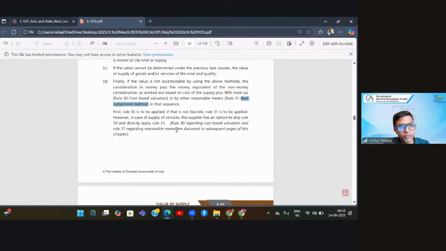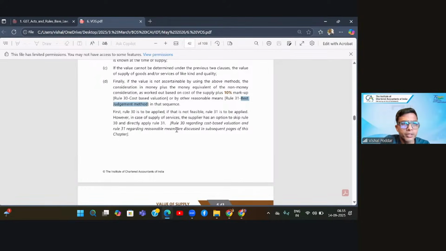Or valuing what service the lawyer is giving to me is very difficult. This is where all the above rules fail. And Rule 30 also fails because doing costing of professionals is again a very big challenge. This is where Rule 31 helps. Now, how will the value be determined by Rule 31? We will take any of the above values only.